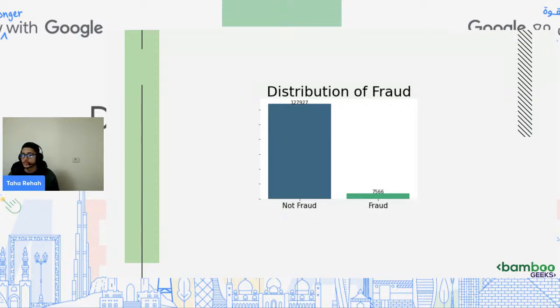It's normal that people committing fraud are less frequent, so we need to see how to handle this.